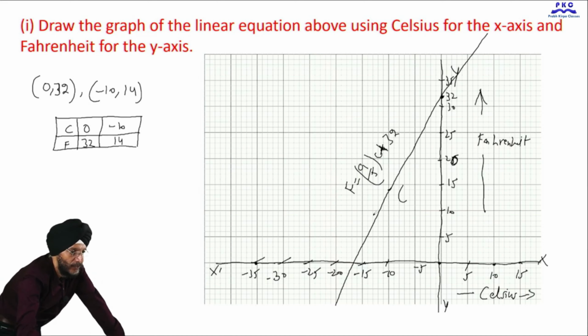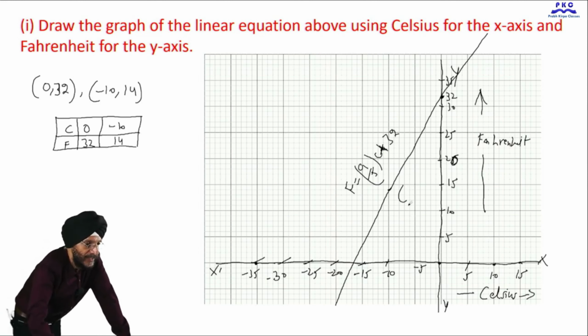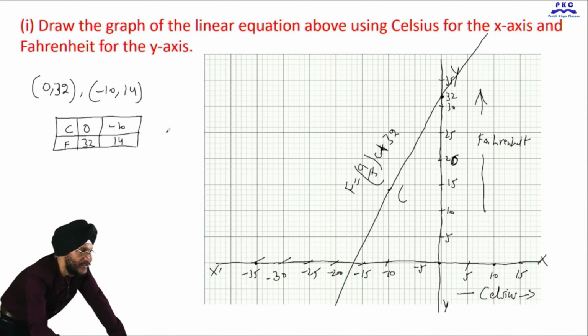Here the value of x-axis or Celsius is 0 and the value of -10 and 14 is the value of F.